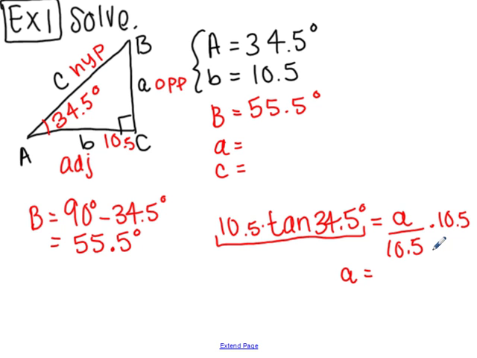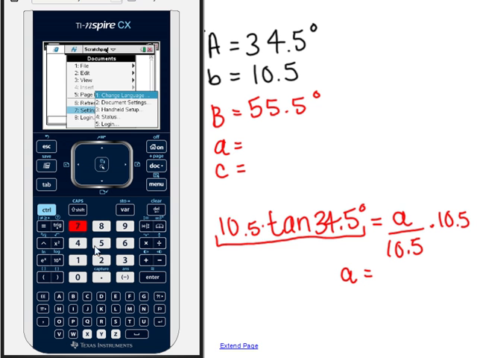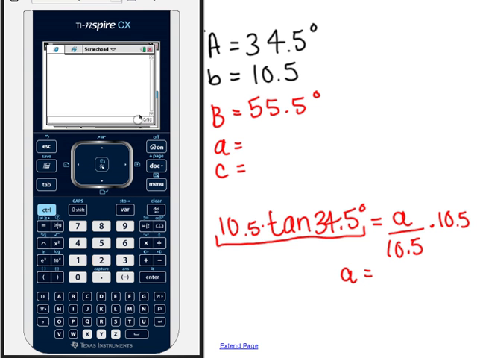So let's go over to our calculator and plug it in. First, I need to make sure that our calculator is in degrees. To do that, you press mode, 7, 2, and it should say degree for angle. Next, we're going to enter our expression here. 10.5 times tangent of 34.5.